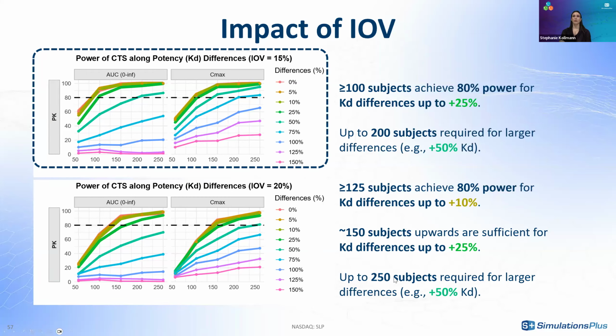For larger deviations, we would still need 200 subjects, but overall, lower variability translates directly into higher power and more efficient study design. So we need a good IOV estimate to get good predictions.